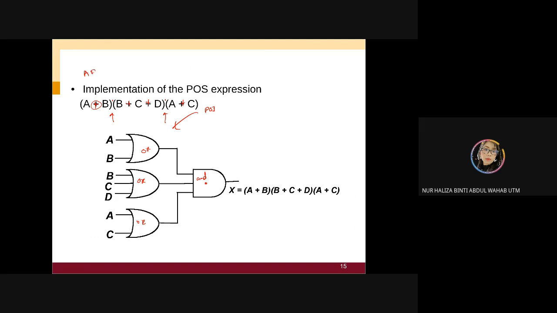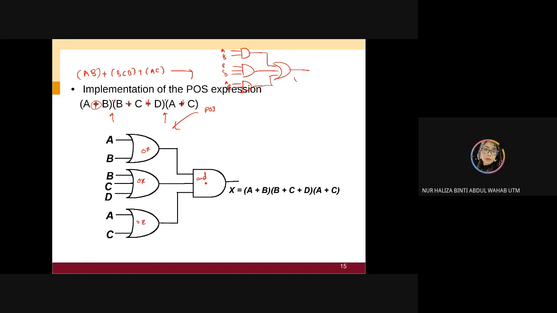A dot B plus B dot C dot D plus A dot C. So your SOP will be AB, BCD, AC, all going into AND gates. And your total answer will be OR.